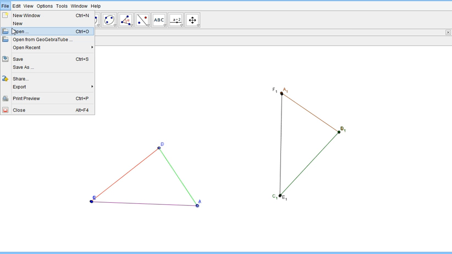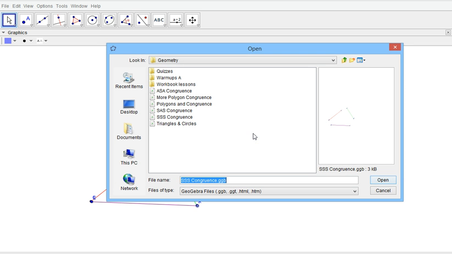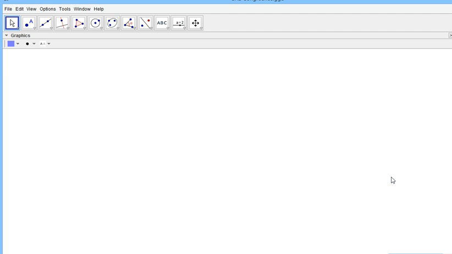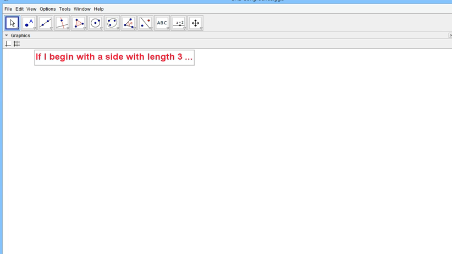Let's try another one here. Open, don't save. We're going to try side angle side. And what this means is, if I begin with a side of length 3, okay, let's see what that means.